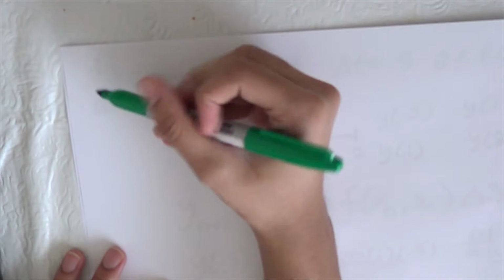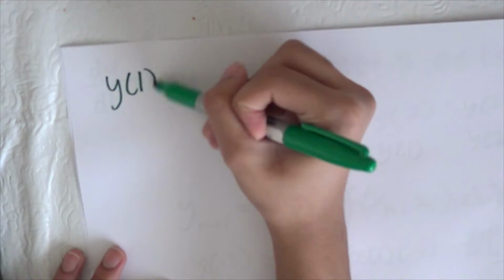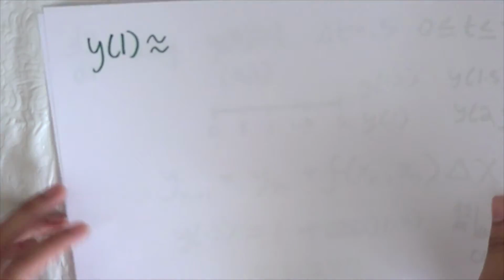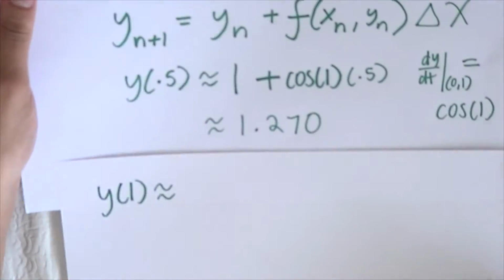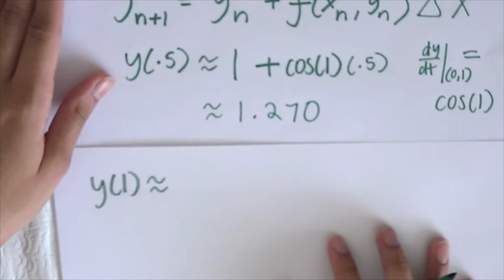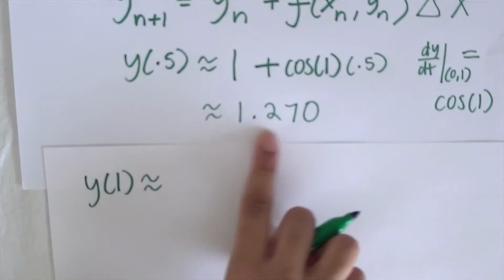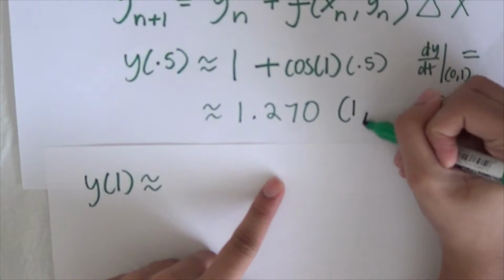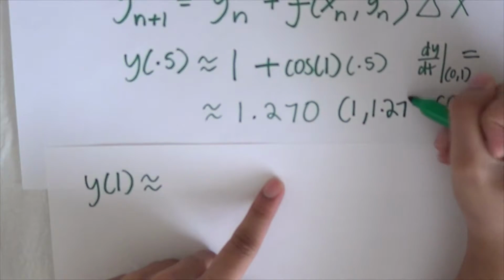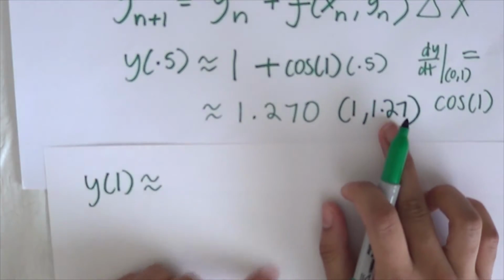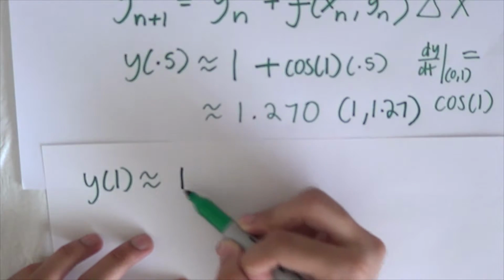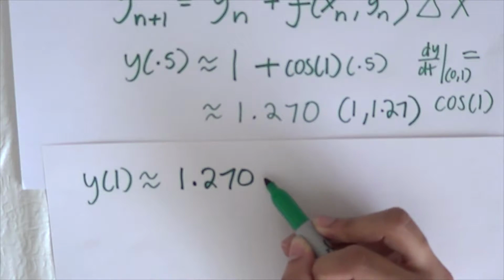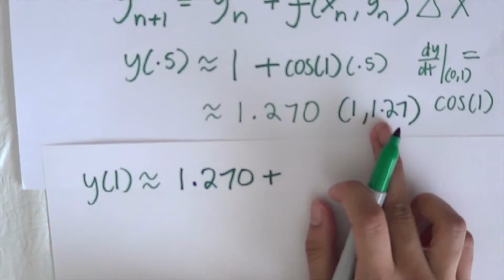So y of 1 approximates to the y value of the previous point, which was 1.270, because our point is 1.27. This is our point, so our y value will be that. So we just plug that in here, plus the slope of this point.